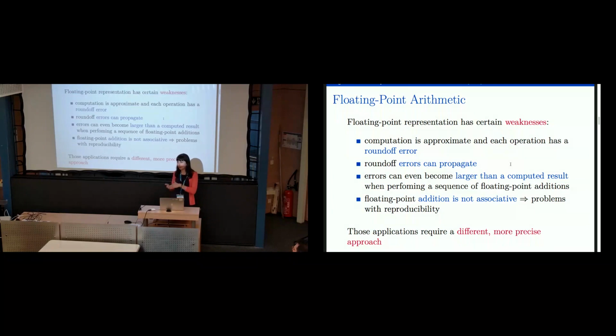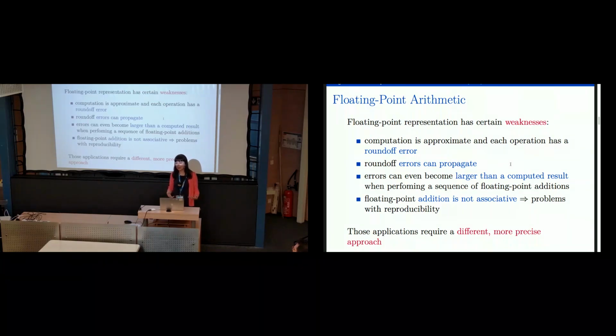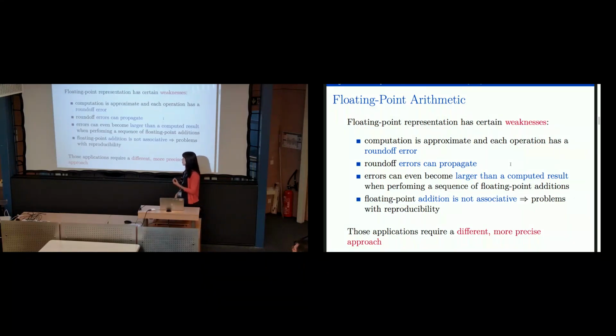And so one application where this happens is when you're doing a summation. So you have many numbers that you're adding, and they're significantly different in their magnitude. Some of them larger, some of them smaller, some are positive, some are negative. So when you add them together, it's possible for the largest values to cancel each other, and then what you get is a small value that will be the actual result.